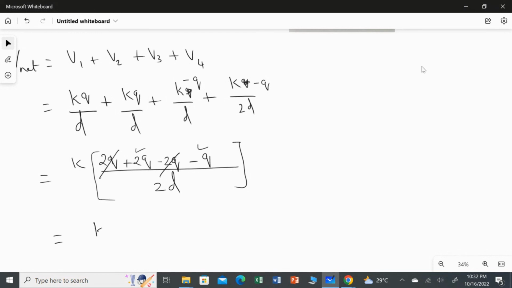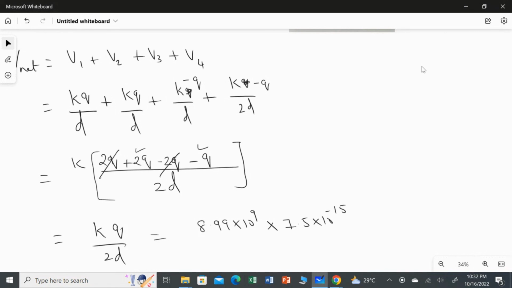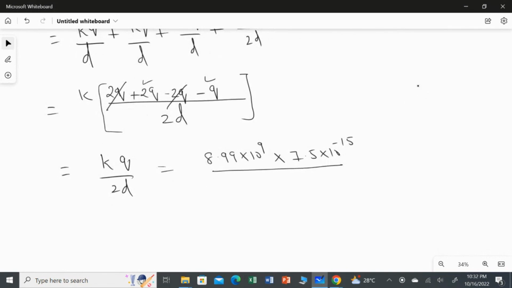Am I right? So KQ over 2D, substitute the values. The K value is 8.99 multiplied by 10 to the power of 9. The charge value is 7.5 femtocoulomb, 7.5 multiplied by 10 to the power of minus 15, divided by 2 multiplied by D. What's the value of D? It is already given in the question: 1.6 centimeter. Am I right? So we convert it to 1.6 multiplied by 10 to the power of minus 2 meter.